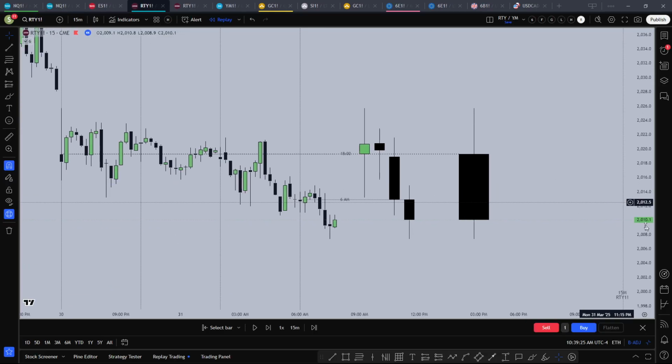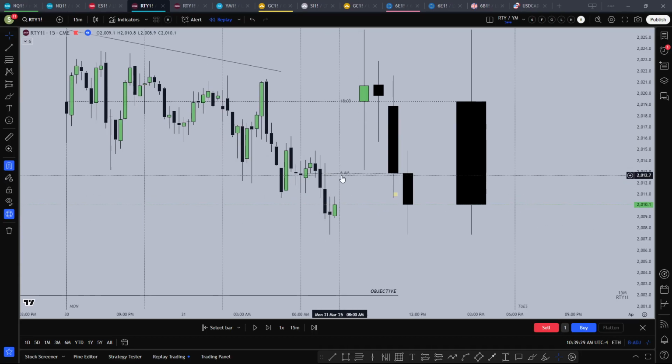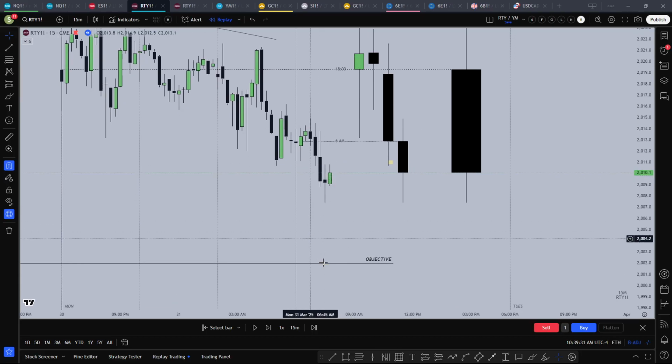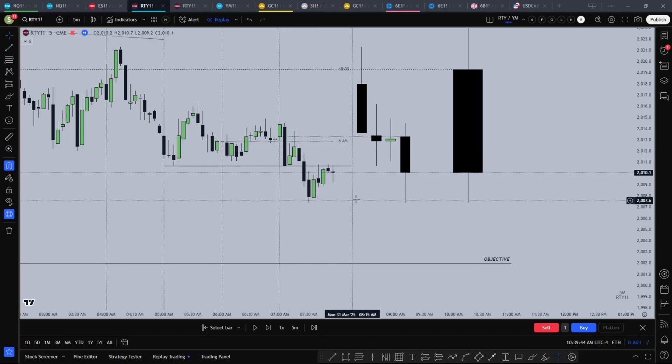RTY. RTY looks like it is much weaker and not showing much willingness to return back inside the range. Kind of rejecting it.